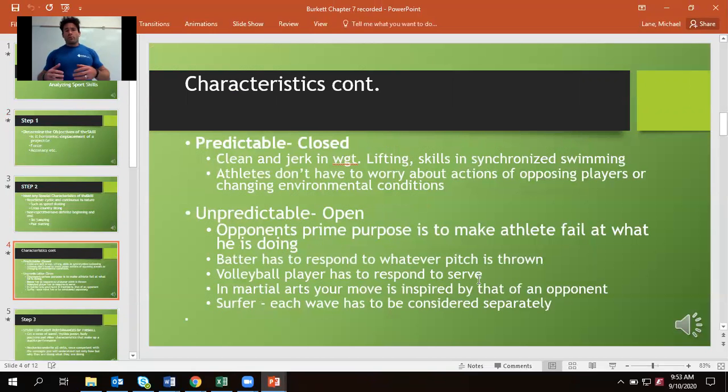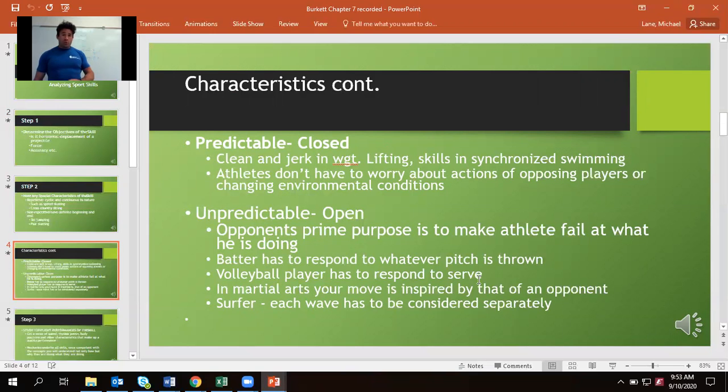Now, from there, we have to ask ourselves, is this predictable or unpredictable? So, Olympic lifting, track and field, all of those things are very predictable. We should, in theory, have pretty much the exact same situation every single time we do something. We don't have to worry about any type of change.